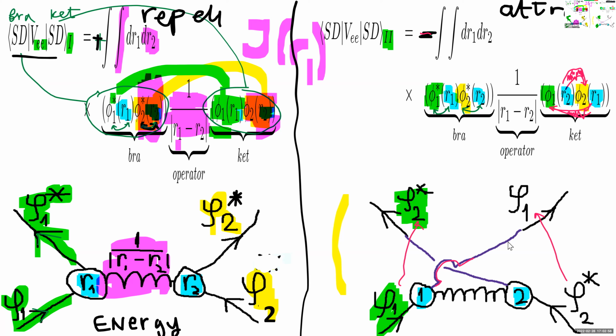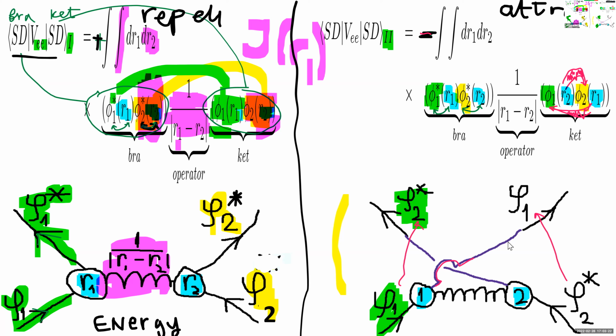This line goes to the blue circle with index R1, and it means the first electron is residing in the orbital phi1 before interaction, lower part, and after interaction, top part.